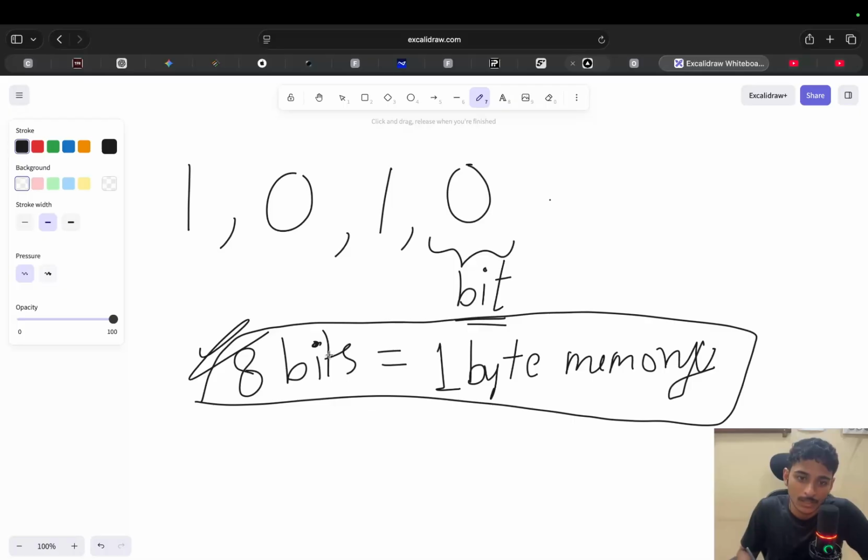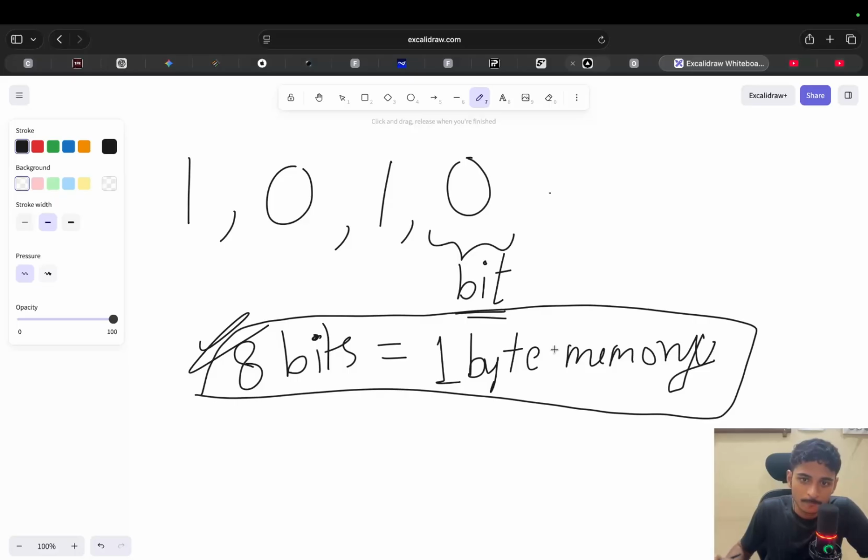Okay, 8 bits is 1 byte of memory. In a similar manner, these bytes make up our memory. For example, if you talk about 1 KB of memory, that's 1 kilobyte. Actually, 1 kilo is an approximate number.